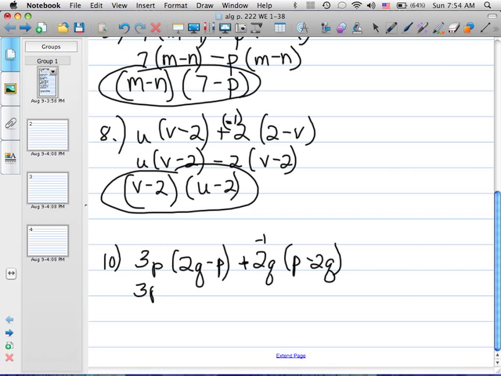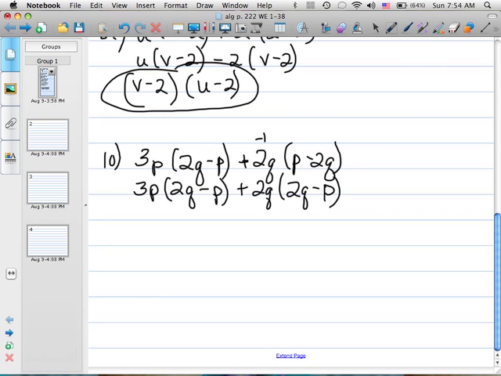So rewriting it, 3p times 2q minus p plus 2q, and rewrite the second one just like the first, 2q minus p. Common factor is 2q minus p, first used with 3p, and then with the plus 2q.